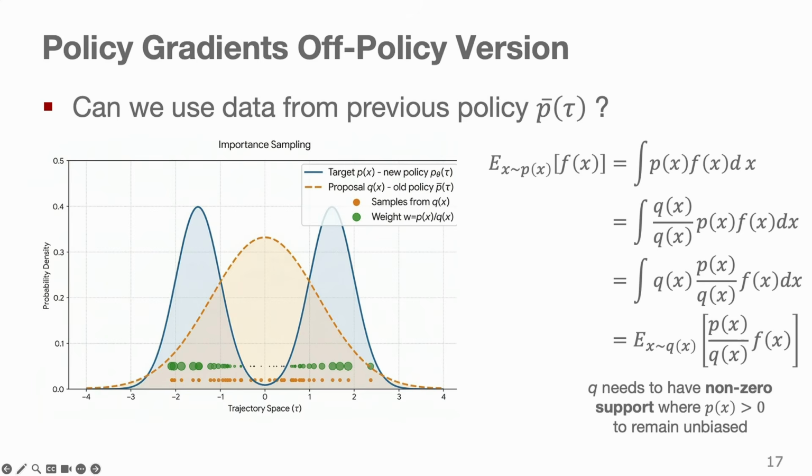So now our robot can use our old samples, provided we weight them by the probability of that sample under the new policy divided by its probability under the old policy.